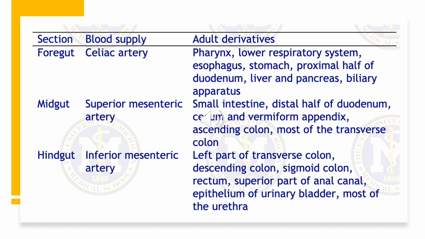The midgut is composed of the distal duodenum, jejunum, ileum, appendix, ascending colon, and proximal two-thirds of the transverse colon. The hindgut consists of the remainder of the colon and the rectum down to the cloacal bulge, which constitutes the interface between the surface ectoderm and endoderm of the cloaca, corresponding to the dentate line.